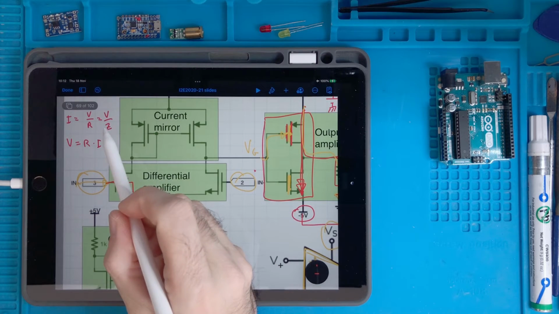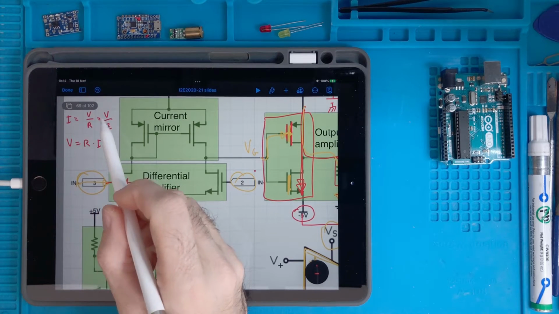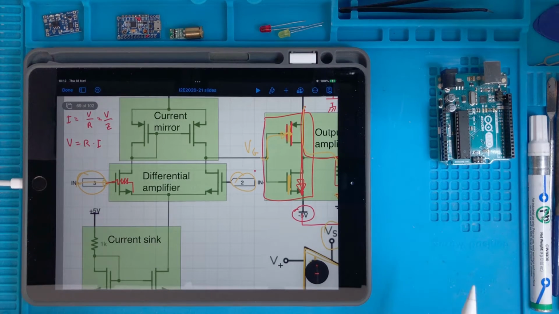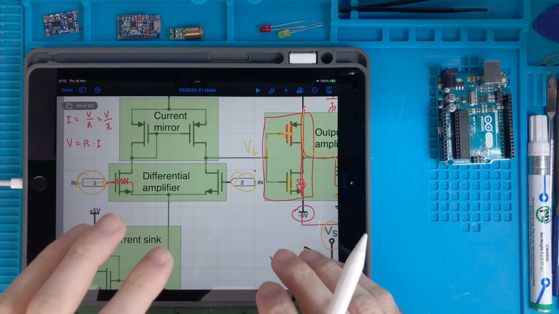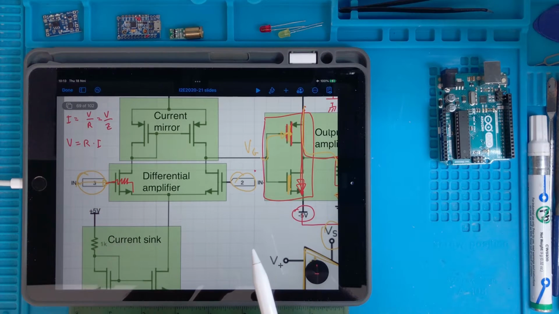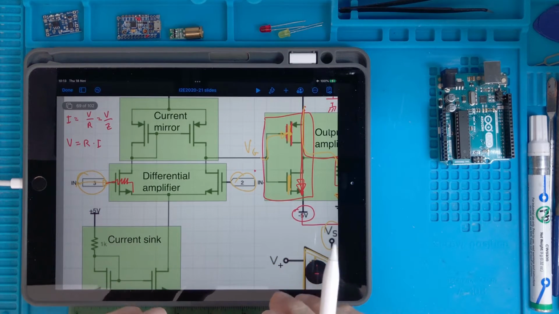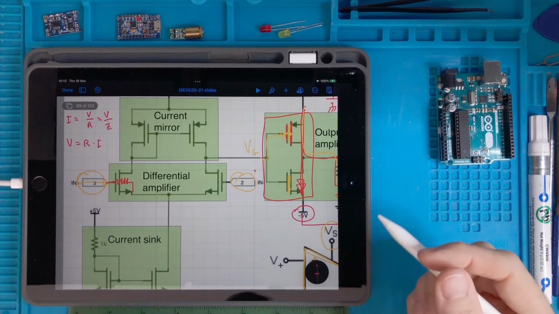By saying that the input impedance is very high, we are basically saying that there is a voltage at the input but no current is entering. This is a very good characteristic because it means that we can sense the voltage of something without affecting the thing that we are observing.